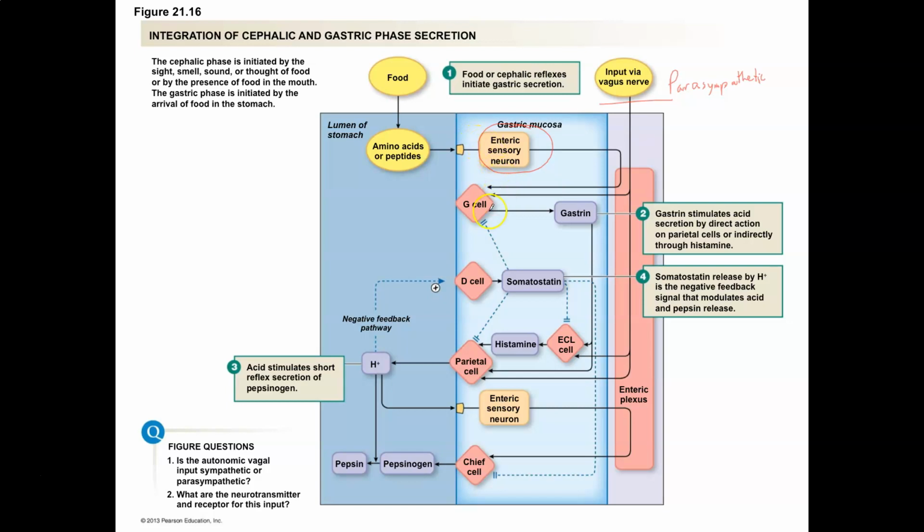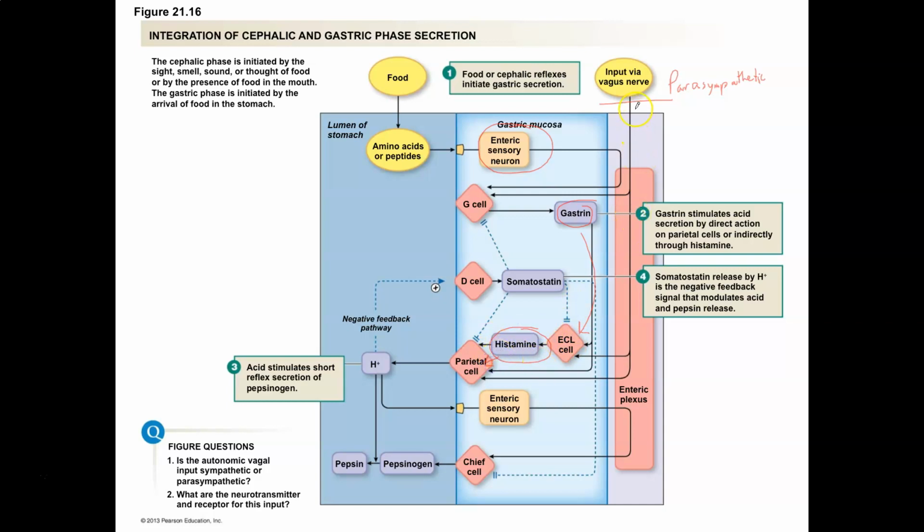So gastrin is stimulatory. The G cells produce gastrin, and that gastrin is going to affect your enterochromaffin-like cells, and enterochromaffin-like cells are going to produce histamine, and that histamine is going to affect the parietal cells.